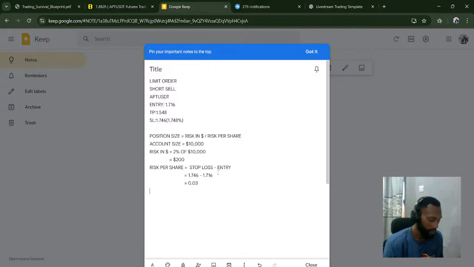So position size now equals 200 divided by 0.03.